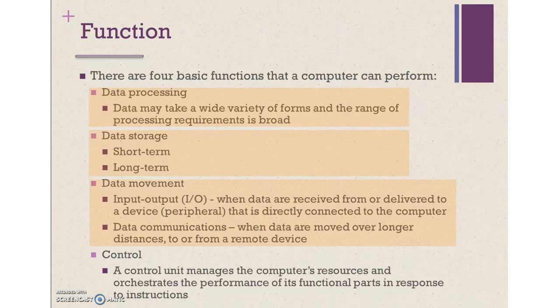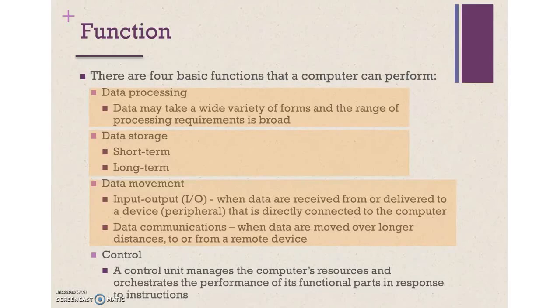Data movement: the computer's operating environment consists of devices that serve as either sources or destinations of data. When data are received from or delivered to a device that is directly connected to the computer, the process is known as input-output, and the device is referred to as a peripheral.